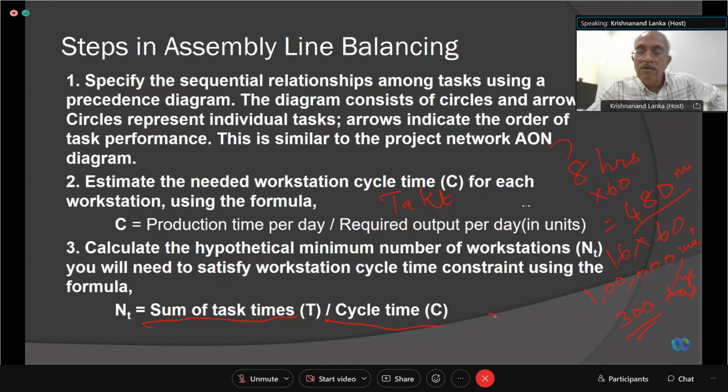So he has around 90 minutes total time to assemble a car, and he was turning out one car for every 40 seconds. Now what is the hypothetical minimum number of workstations he should have in his moving assembly line?